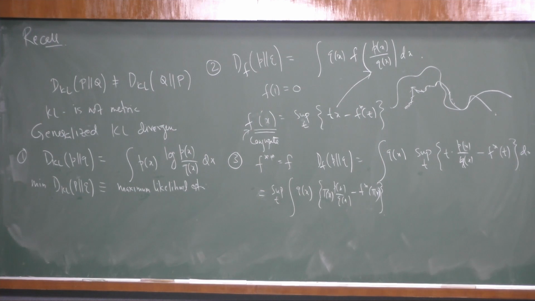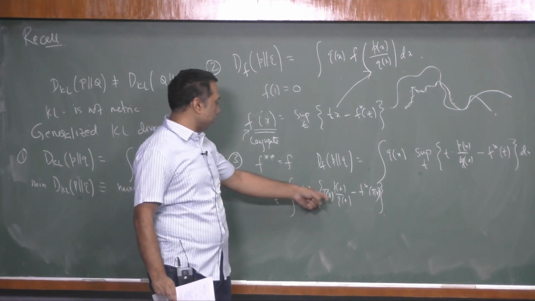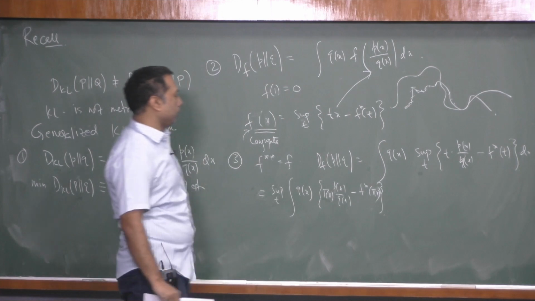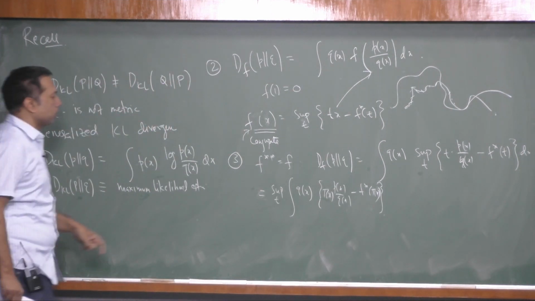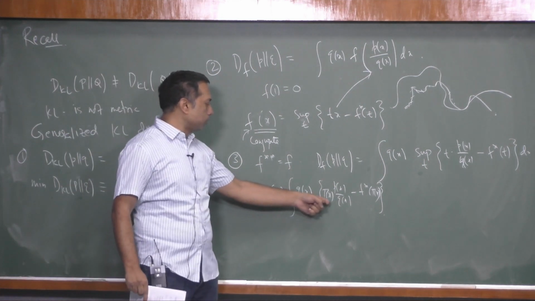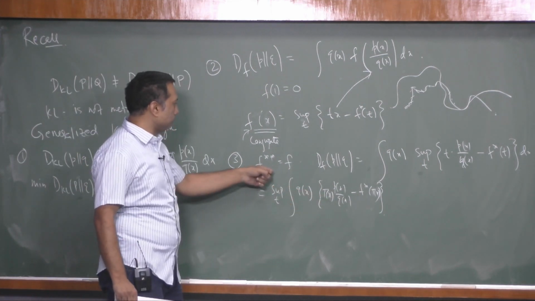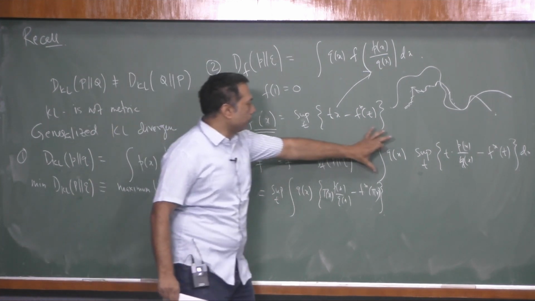With different choices of t, there will be an optimal t for which this will be achieved, but in practice you may choose some t which is specific, and that will give you a lesser value, because this was supposed to be the supremum.